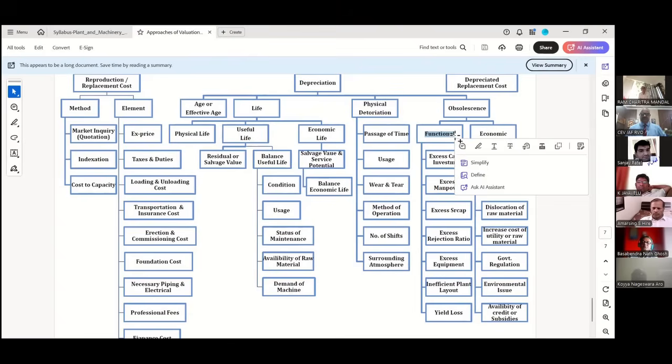Functional obsolescence is when there is a deficiency in an asset itself compared to the modern equivalent asset. Compared to the subject asset, if a more efficient asset or machine is available, then the old machine is suffering from functional obsolescence.